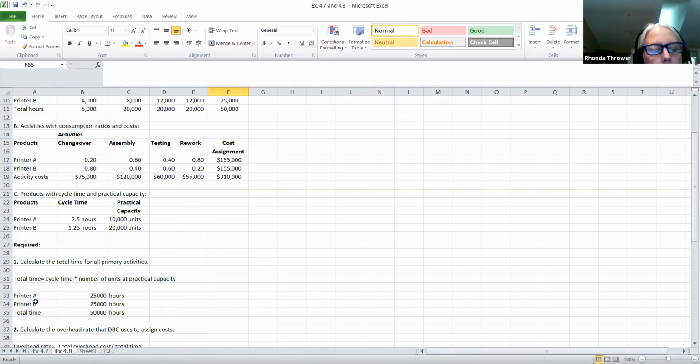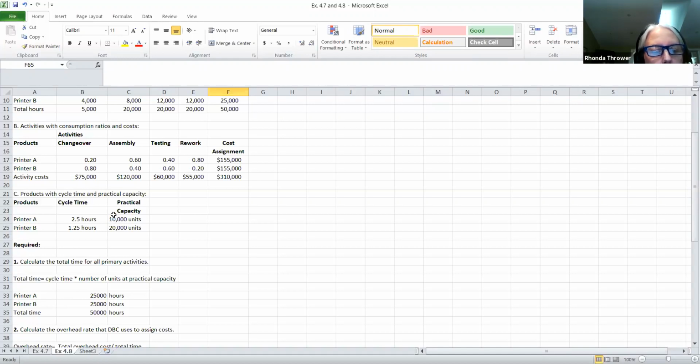And so the total time that it takes for us to produce printer A is 25,000 hours. I got that by multiplying the cycle time times the practical capacity.